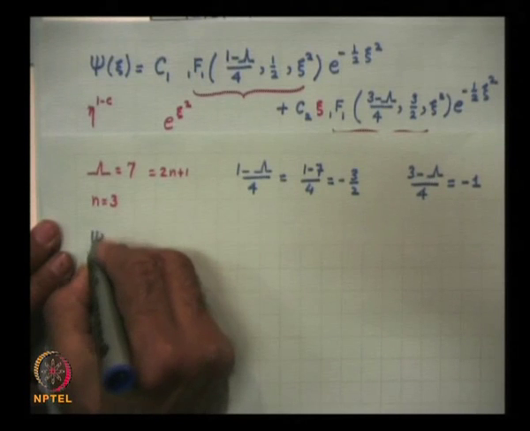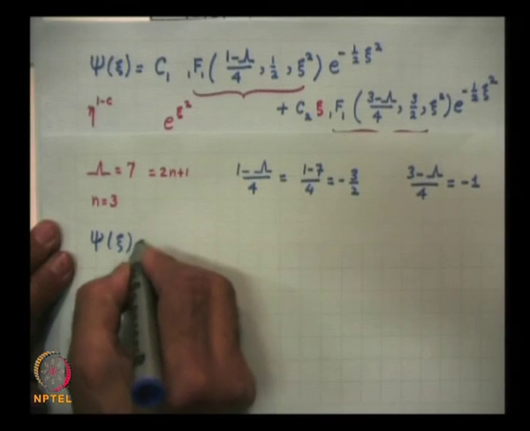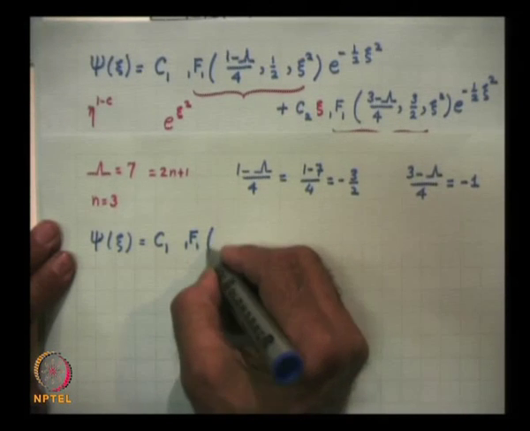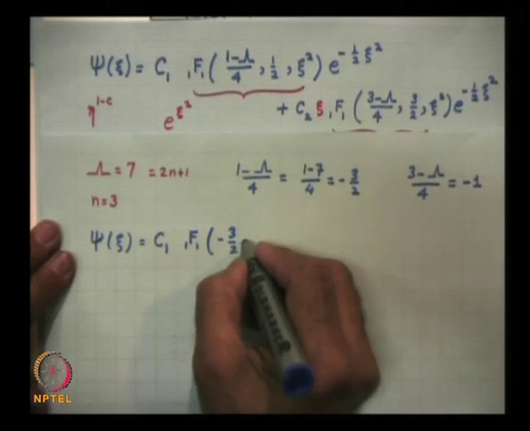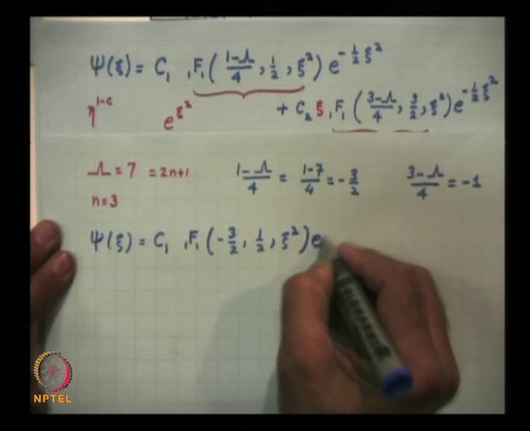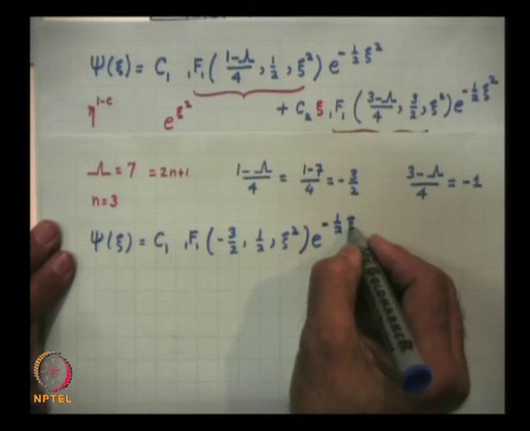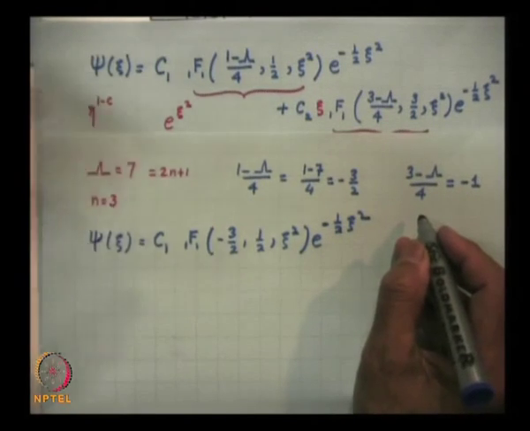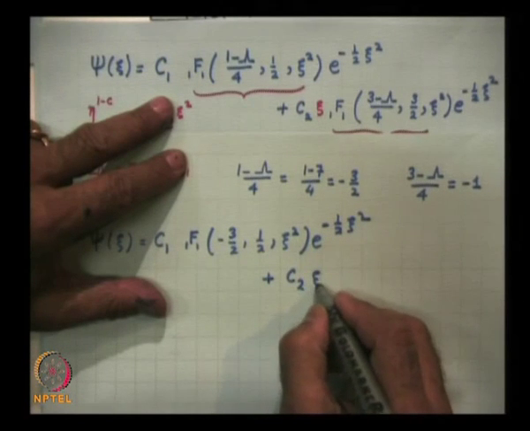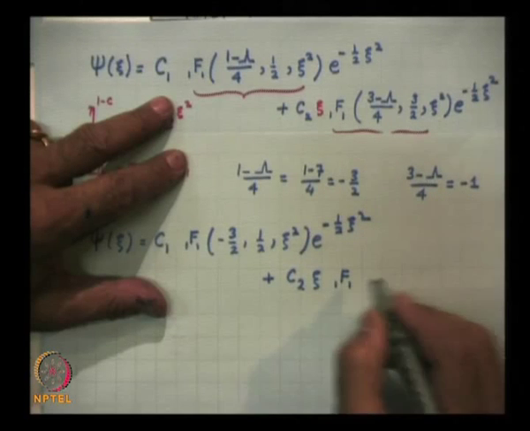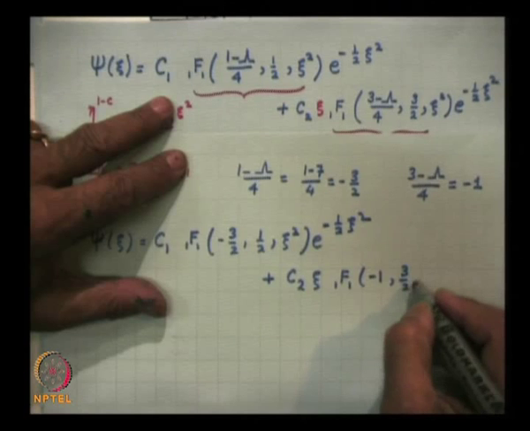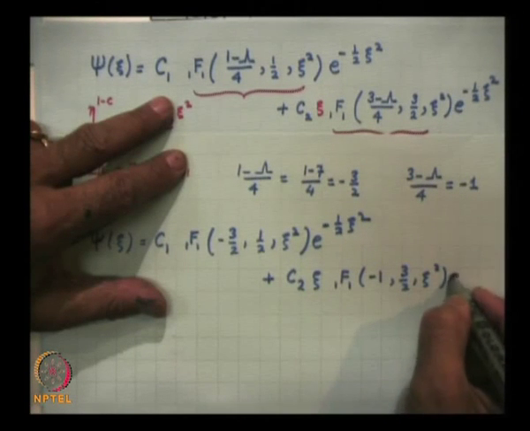Psi of xi is equal to C1 F11 minus 3 by 2, half xi square e to the power of minus half xi square plus C2 xi F11, and this will become minus 1, 3 by 2 xi square e to the power of minus half xi square.